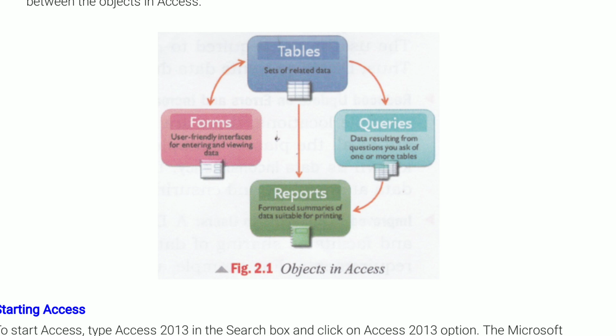So for all these three objects, forms, reports and queries, tables must already be created. So we can say the table is the main or prime object of a Microsoft Access database.